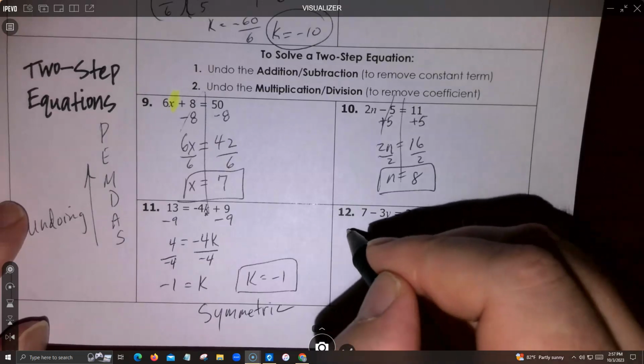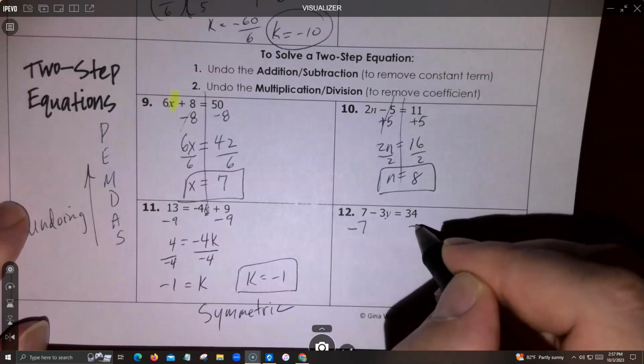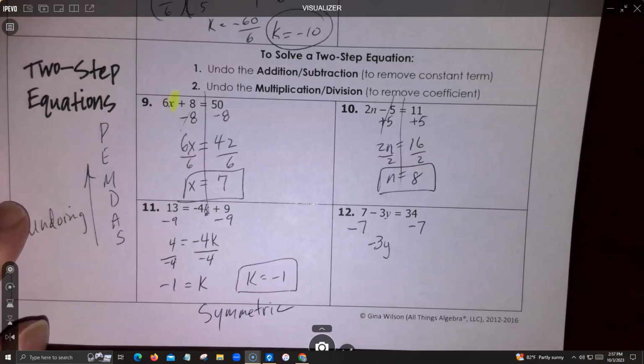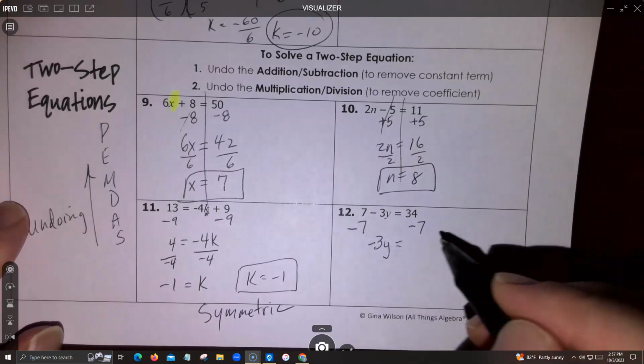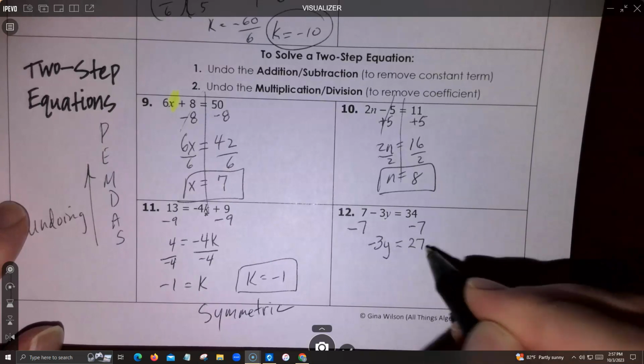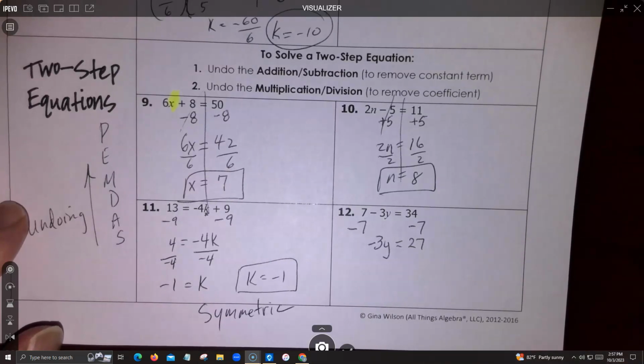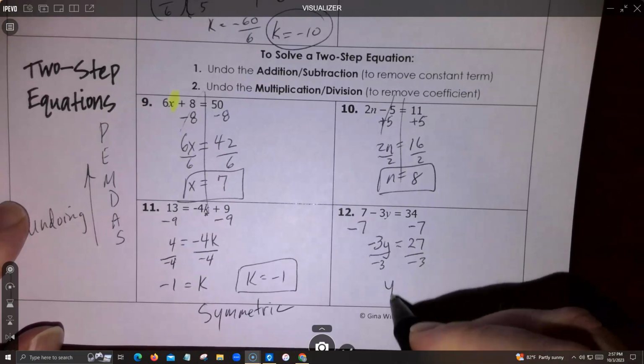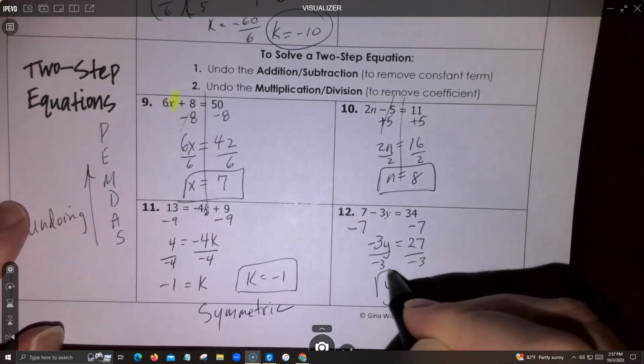I need to subtract 7. So the minus sign is really on the 3, not on the 7 in the original problem. So what's that? 27. Now it looks like that. Then divide by negative 3. Y is equal to negative 9. And you're done.